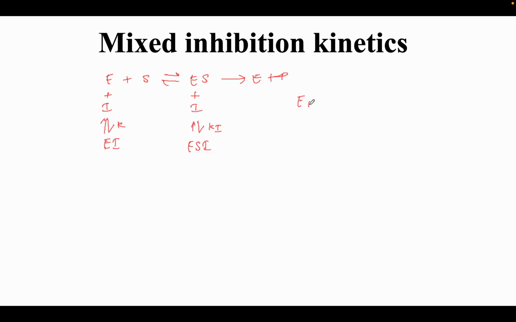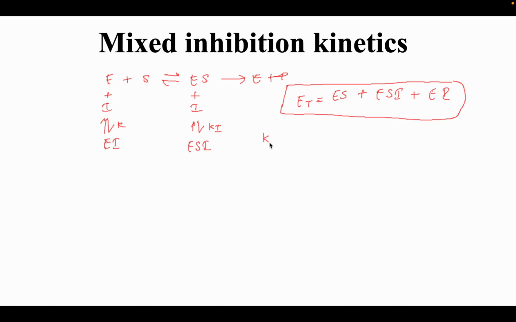So the total enzyme will be equal to E plus ES plus ESI plus EI. This is how the total enzyme is divided.